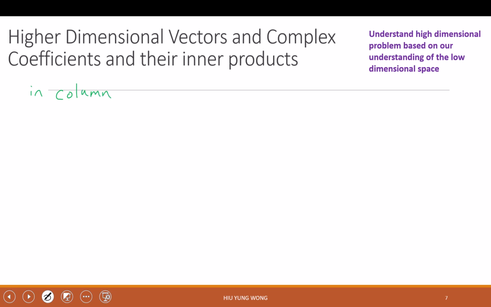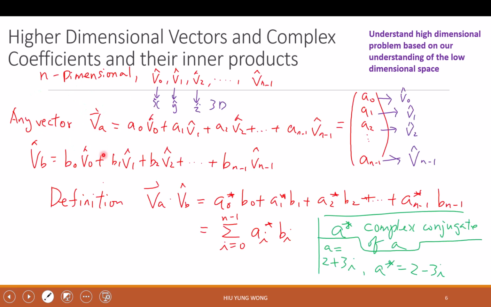And try to see why I want to put it in column form. In column form, I have VA equals A0, A1, up to AN minus 1, right? That's what I did here. A0 all the way to AN minus 1, because I stacked the coefficients, right?